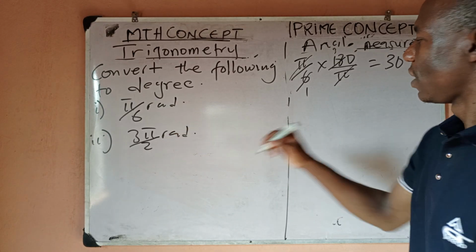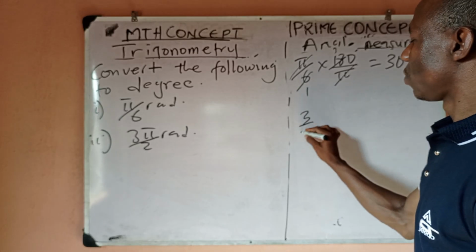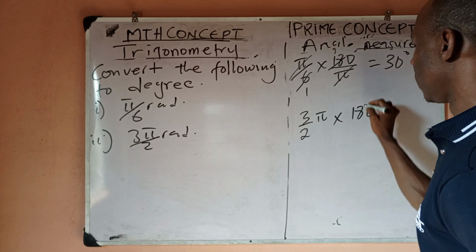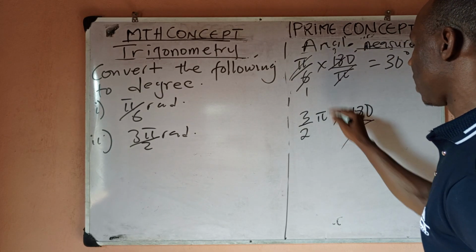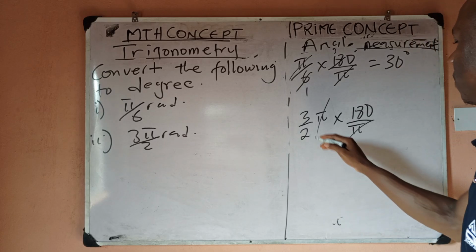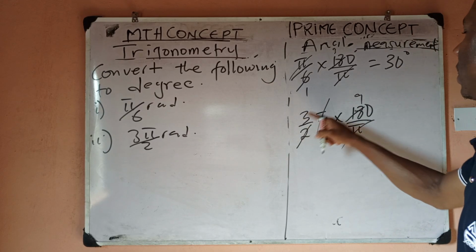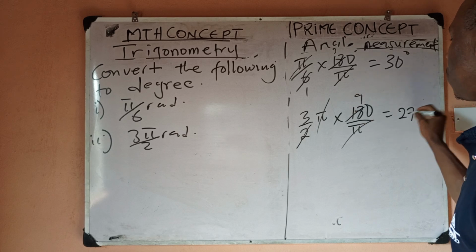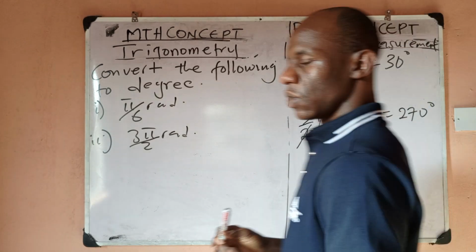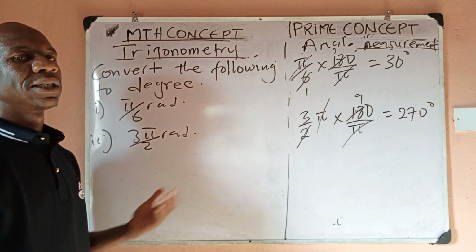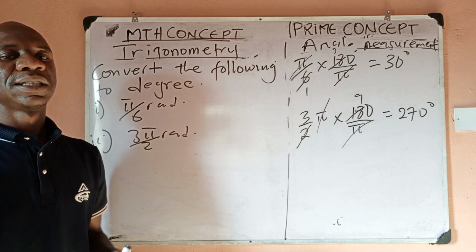Now in the same vein, we can have 3 pi over 2. I would multiply this by 180 divided by pi, so that pi would go, then 2 can go in this, which is 9. Then you have 3 times 9 is 27. So I have 270 degrees. So this is how we can do conversions from radian to degree, degree to radian, and even degree to minutes.